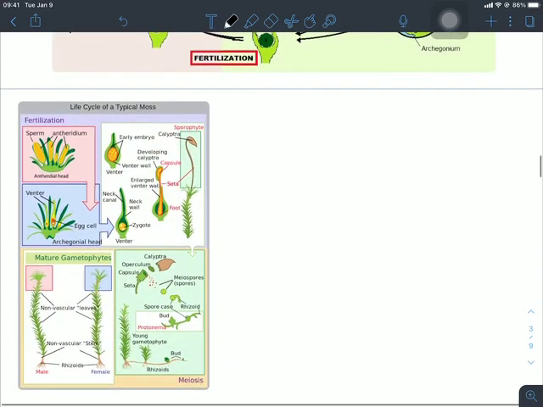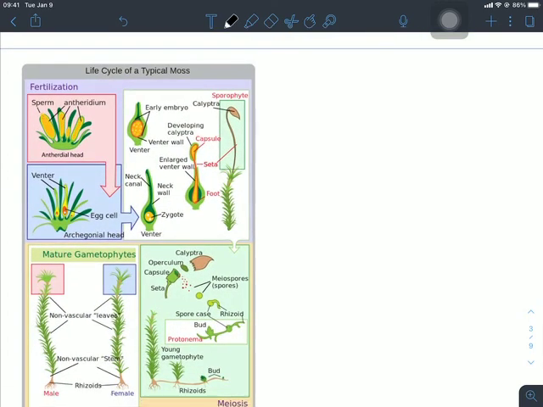Looking at this specifically in a typical moss, we will additionally see some of the other vocabulary terms that you may encounter in the labs in this class. We of course know that our sperm are created at antheridia, sometimes all conglomerated together at an antheridial head, and that our eggs are made in an archegonia.